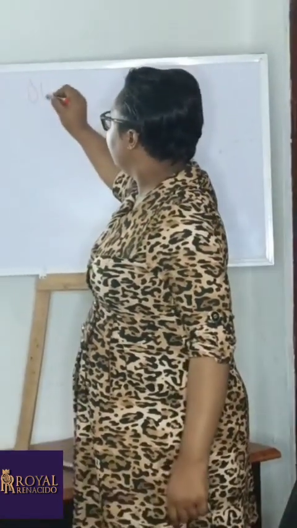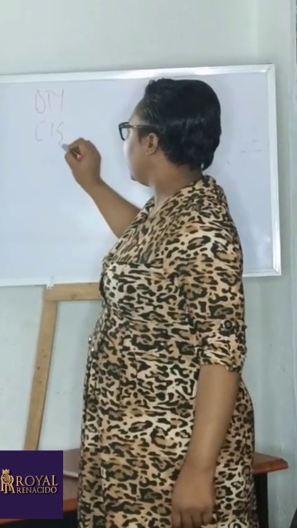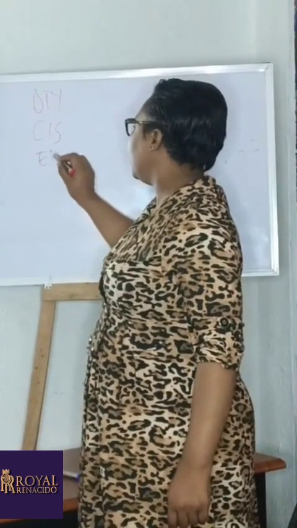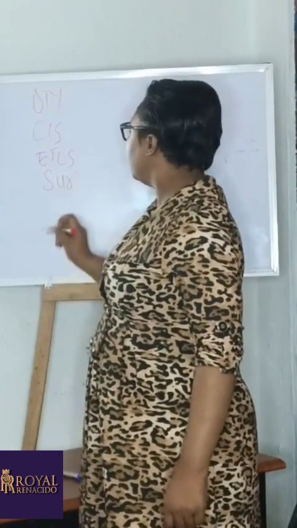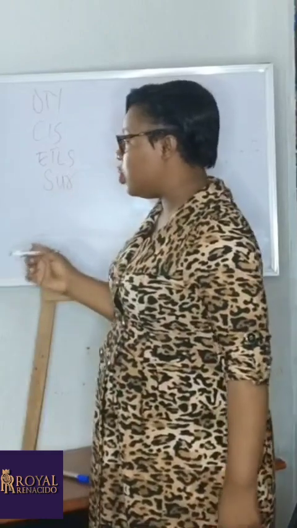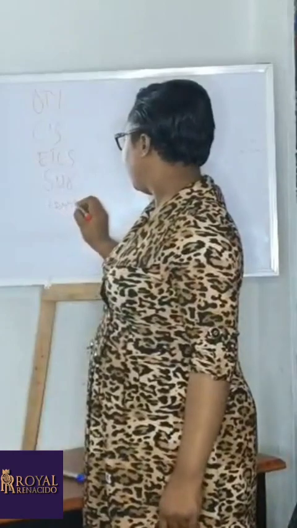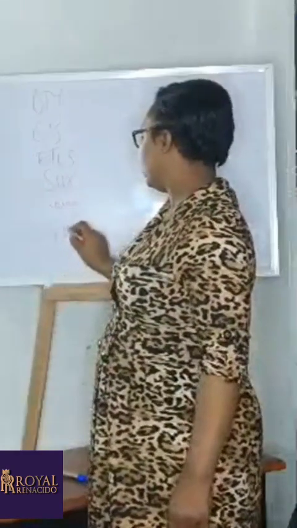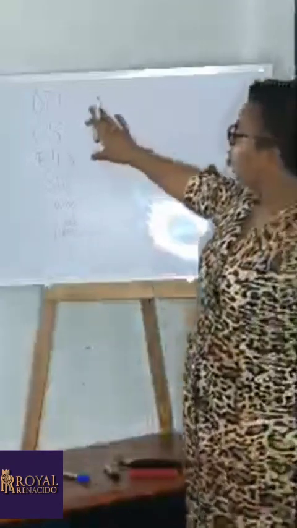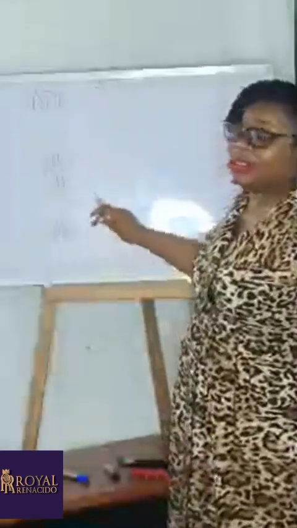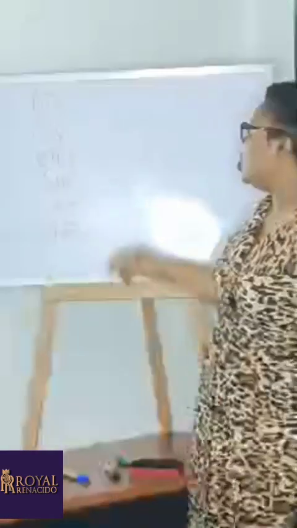We have the duty, the CIS, the ETLS, the surcharge, and sometimes, if your goods is a levied product, the levy, and we have VAT. These are all agencies, or government bodies, that you are supposed to pay to.